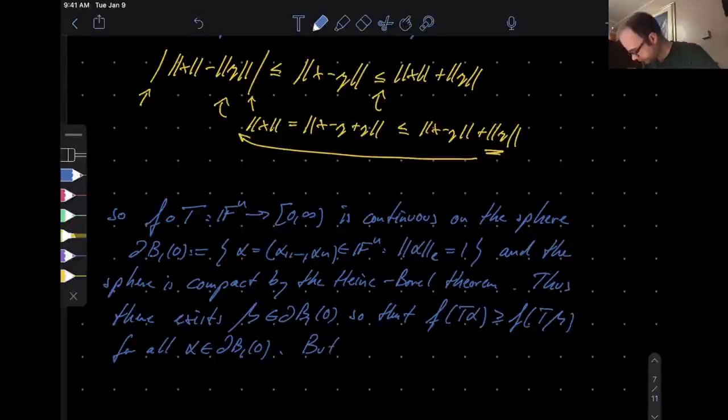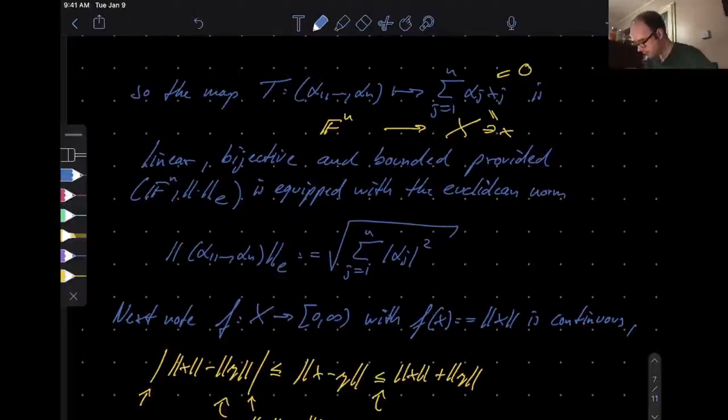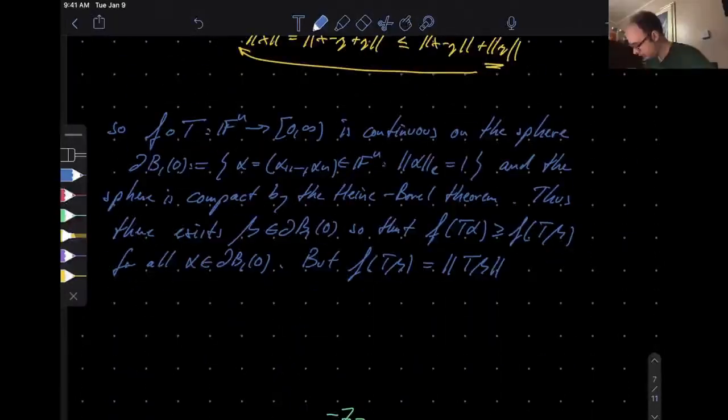But f of T beta, so what is this? Let's write it out. So f is just the length of T beta, and now what does T beta do? Well, it's written out there, so it takes a coordinate vector to this linear combination, right? So this would be something of this type, where the beta j's are the coordinates of the vector beta in Fn.